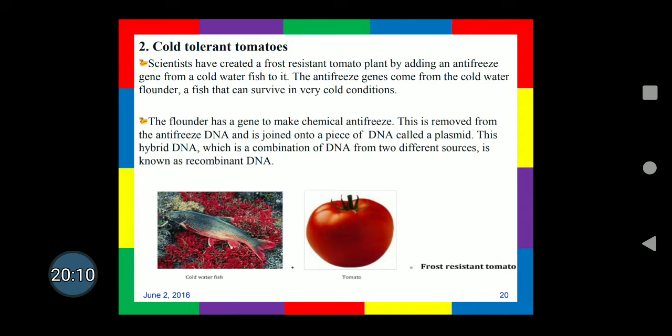This is removed from the flounder DNA and joined into one piece of DNA called a plasmid, and this hybrid DNA is added to tomato plants to make a frost resistant tomato.